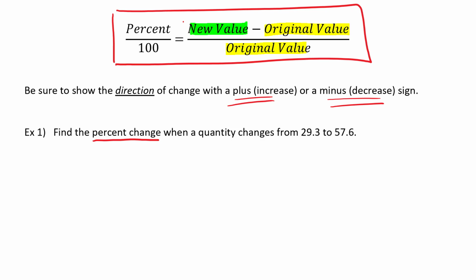Find the percent change when a quantity changes from 29.3 to 57.6. So this is your original. This is your new. So we're going from this value to that value. What I'll say, my percent is what I'm looking to solve. That is x.